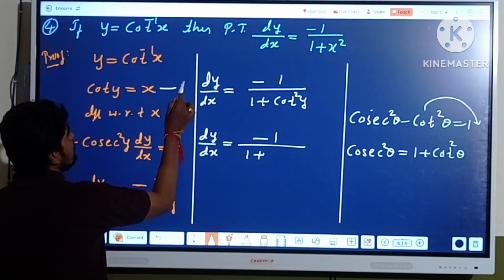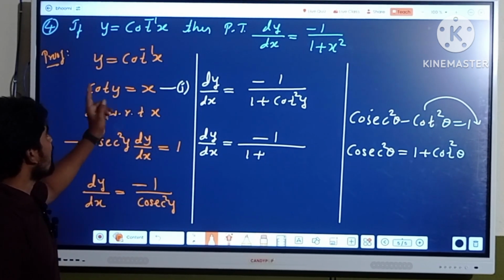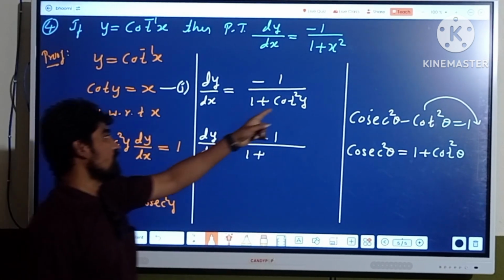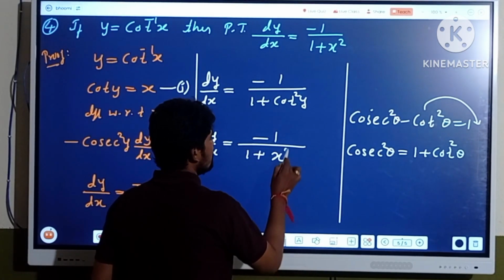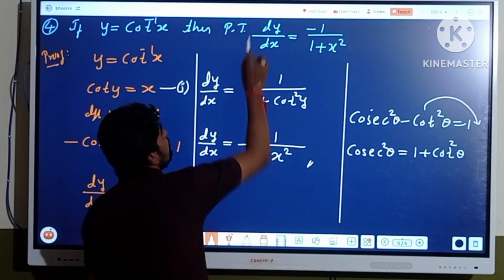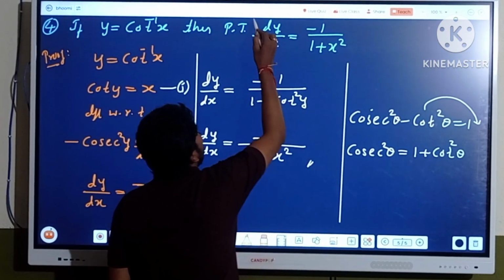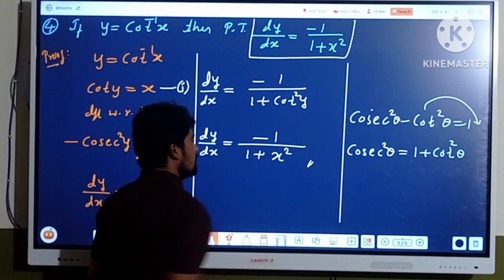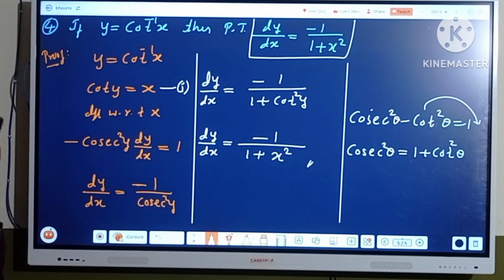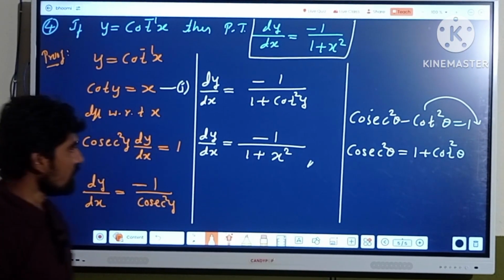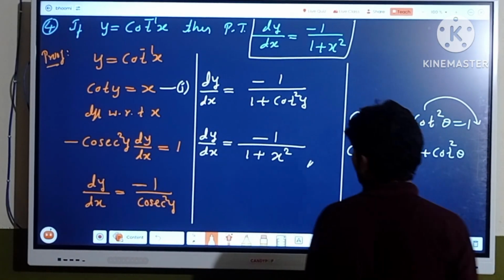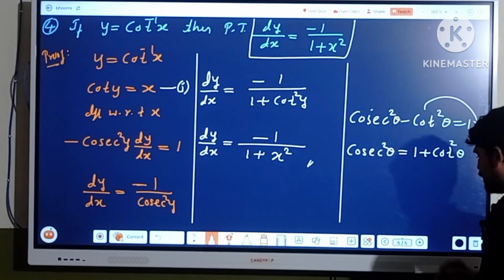So from this equation number 1, if cot y is x, definitely cot square y is x square, and this is the derivative of cot inverse x, that is minus 1 divided by 1 plus x square. I hope all of you are understanding. Now the fifth one.